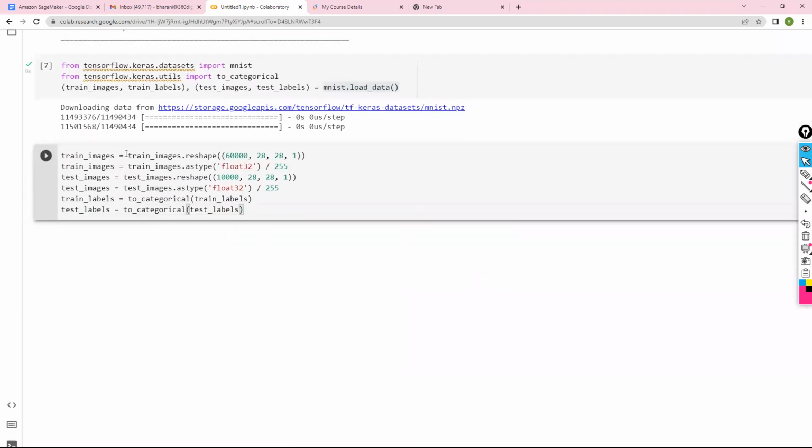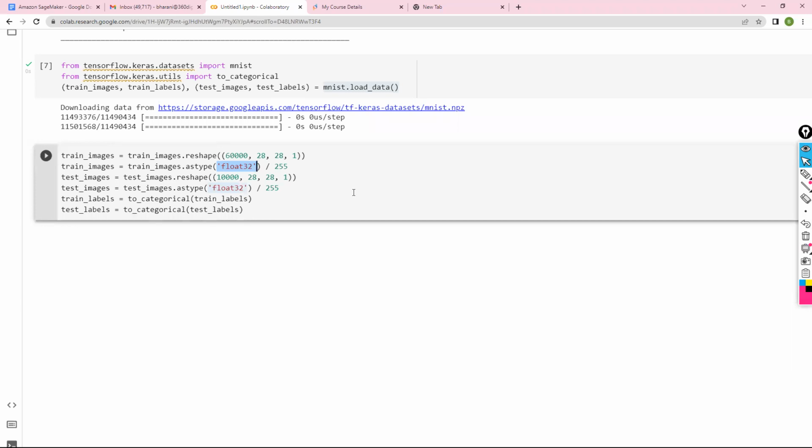Then you're saying for the training images, reshape the images. You have 60,000 images, reshape them into 28 by 28 by 1. Once you get the reshaped images, you're ensuring that each and every image is of the same shape. And then you're saying convert that into float format.